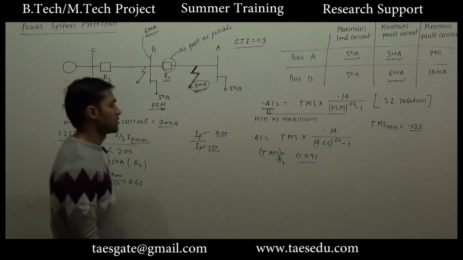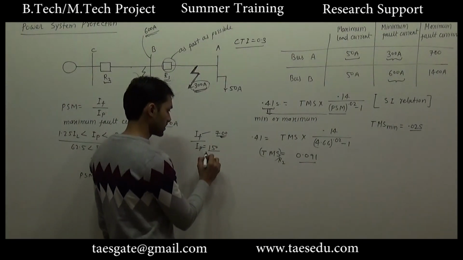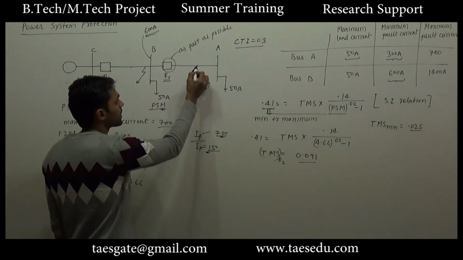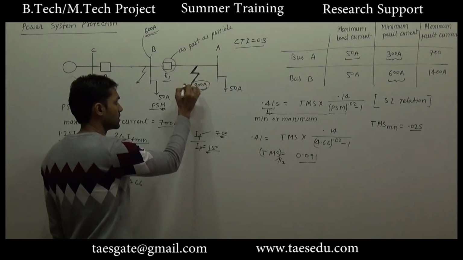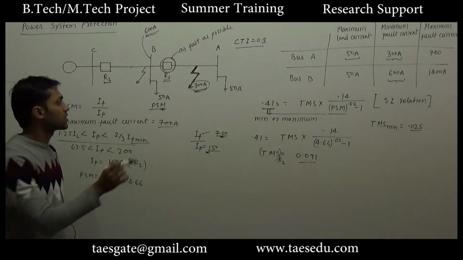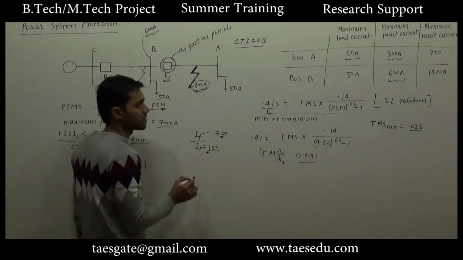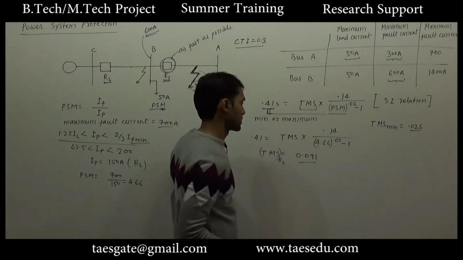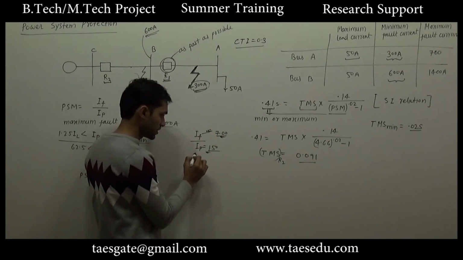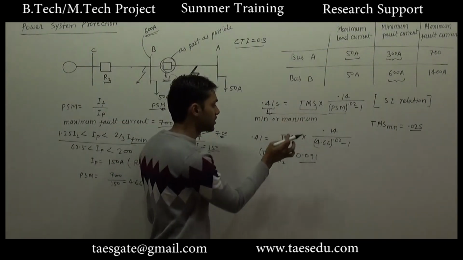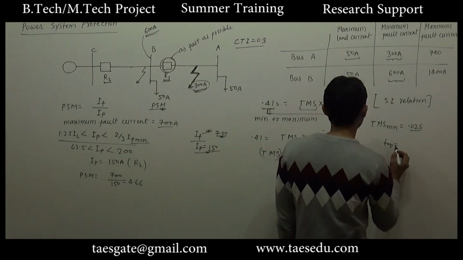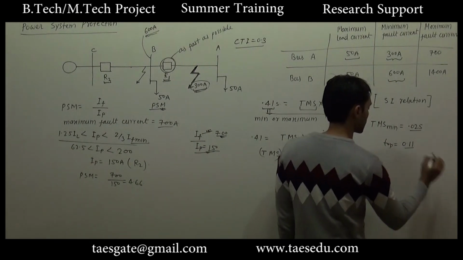Okay. So for the maximum fault current and this value of pickup current, as far as this fault is concerned, this relay should operate as fast as possible. So for making this relay fast I used the minimum value of TMS. So for the maximum fault current, using this value of IP and the minimum value of TMS, I got the operational time of the primary protection as 0.11 second.